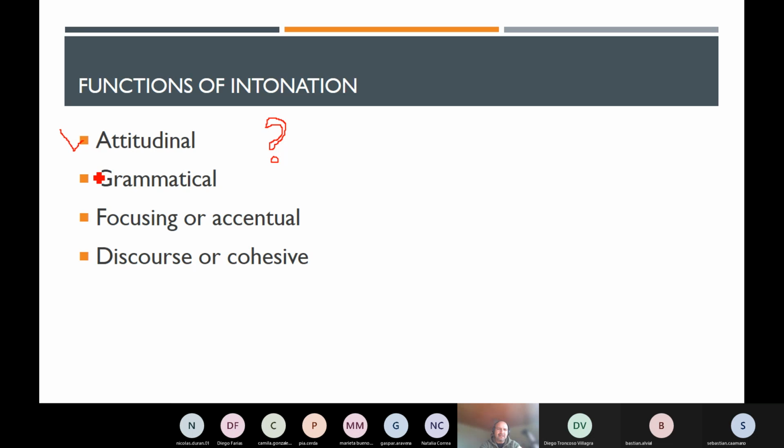What about the grammatical function? What do you remember about the grammatical function of intonation? I remember that intonation helps identify the grammatical structures. Exactly, Diego Troncoso, the grammatical structures in a sentence, right?